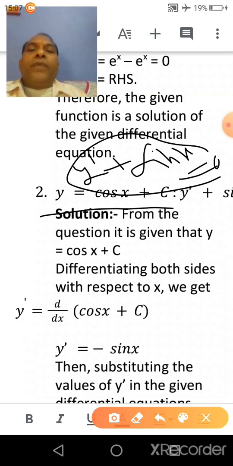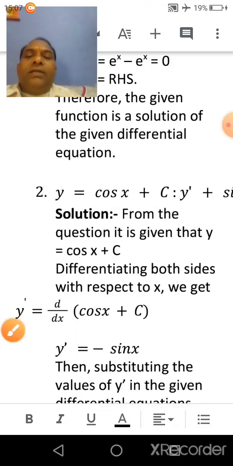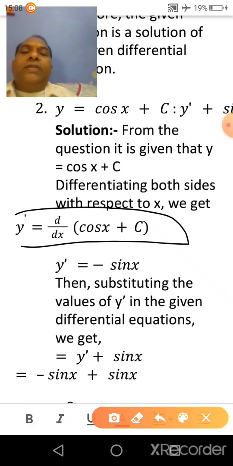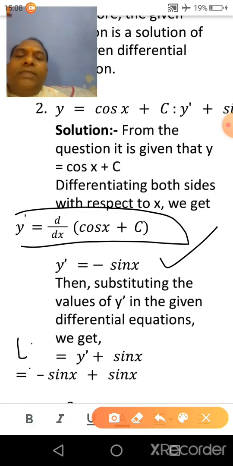So you have to find the value of y dash. You have to find y dash with the help of given function. So firstly find y dash. Y dash means dy dx of cos x plus c is equal to minus sin x. Now LHS of the equation is y dash plus sin x. Put the value of y dash which is equal to minus sin x.